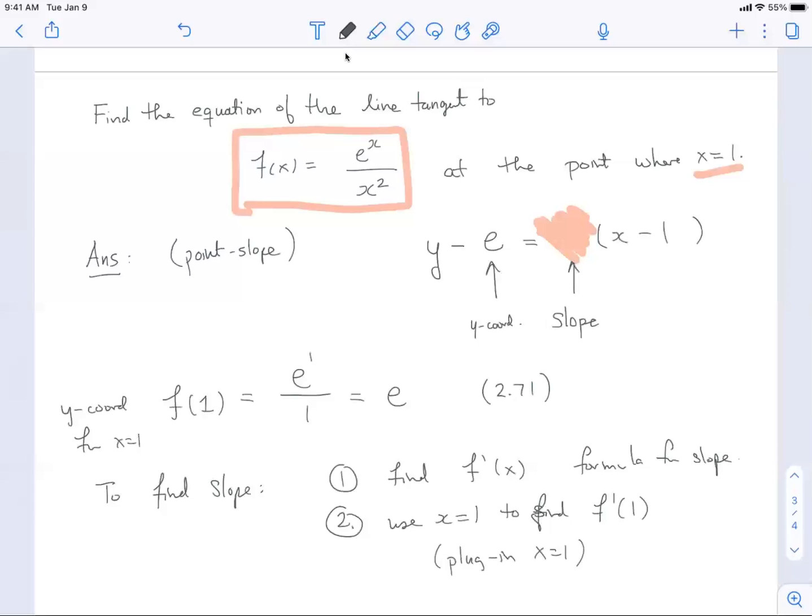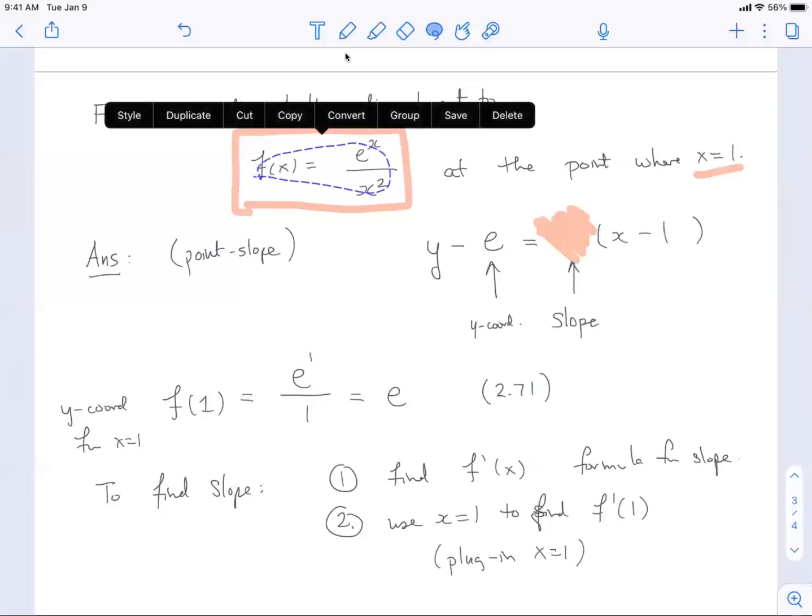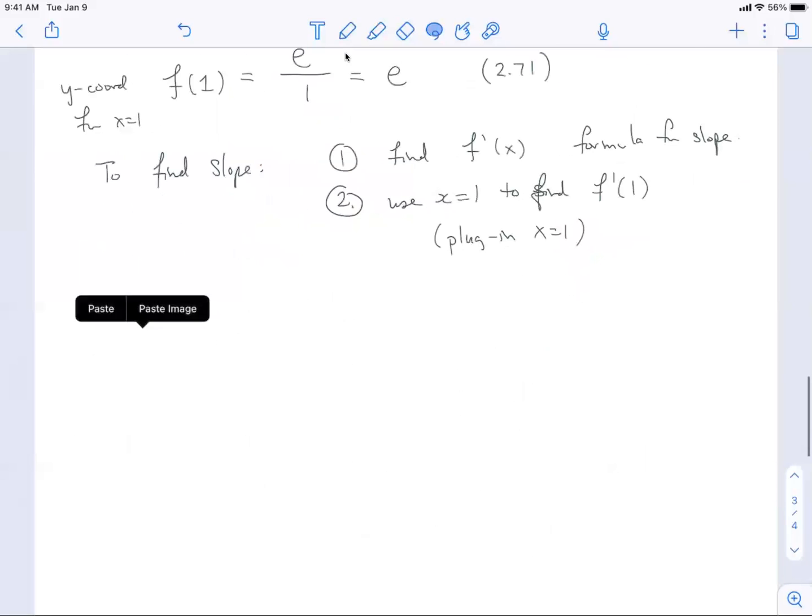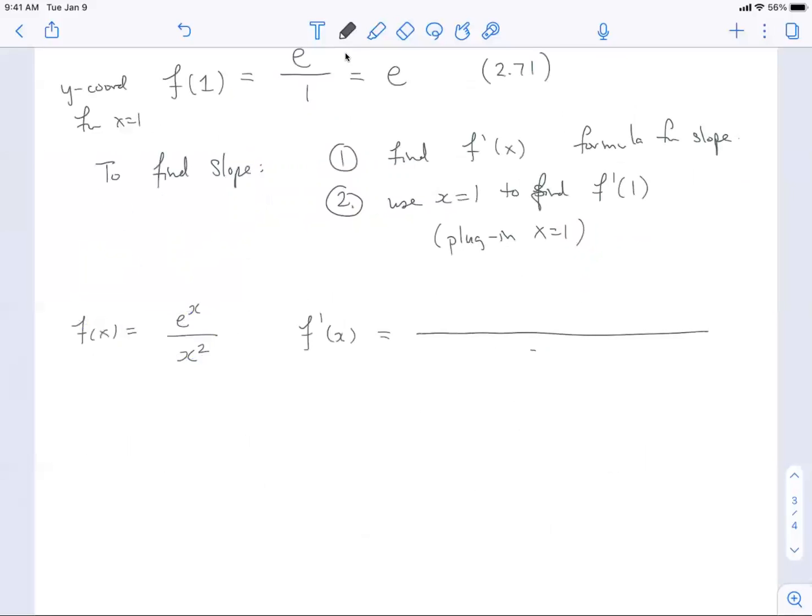So let's do it. I'll copy down my formula for my function, e to the x over x squared. And when I do the derivative, I need to use the quotient rule. So I'm going to do my denominator squared, and then fill in my quotient rule steps: the derivative of the top times the bottom, minus the top times the derivative of the bottom.